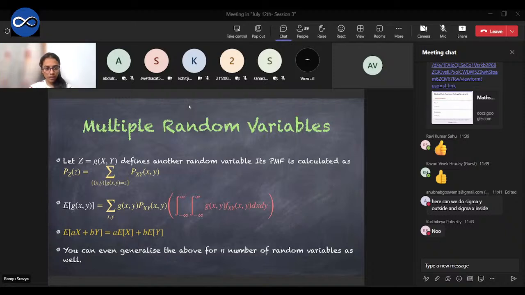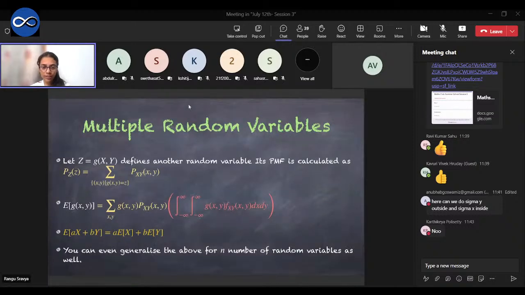Now E of g of x comma y is the sum over x, y of g of x comma y times pxy of x comma y. Again, E of g of x we defined as the sum of g of x into px of x, right? There it was g of x, here g of x comma y. So replace g of x by g of x comma y, and the normal PMF by the joint PMF. Just replacing that, you'll get the equation.